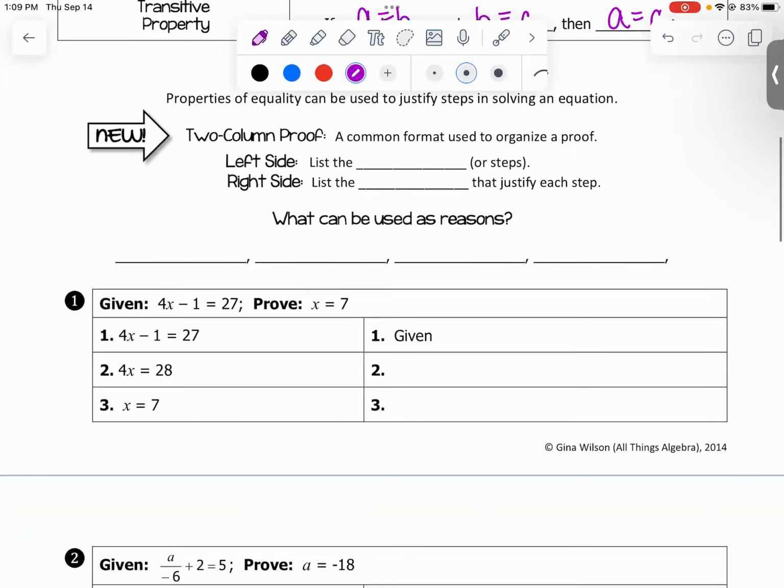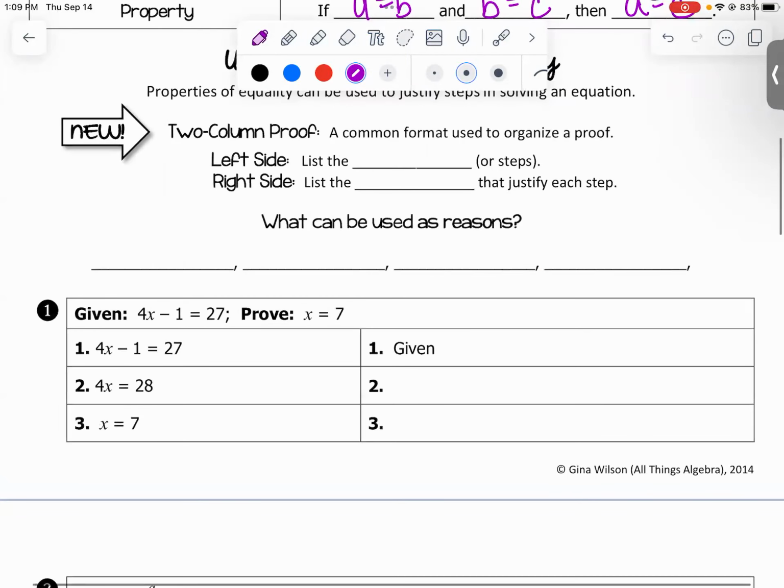Okay. So now what we're going to do, we are going to work on 2 column proofs. The left side is going to be our statements. Essentially, they're going to be our steps. The right side is going to be our list of reasons, basically justifying each step.